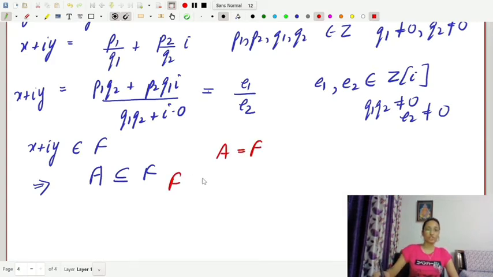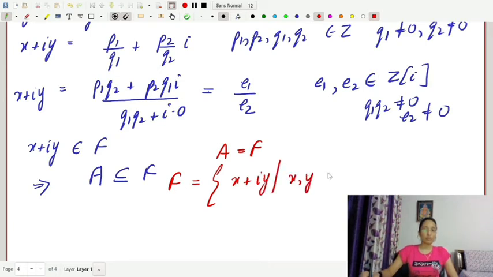Therefore, the field of quotients of Gaussian integers is equal to x plus iota y for x and y belonging to rationals.